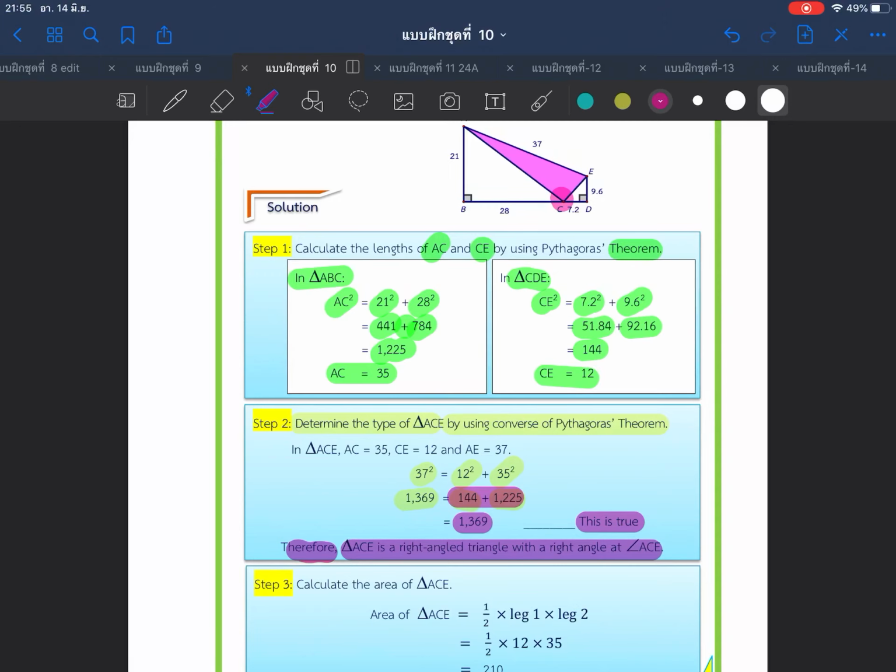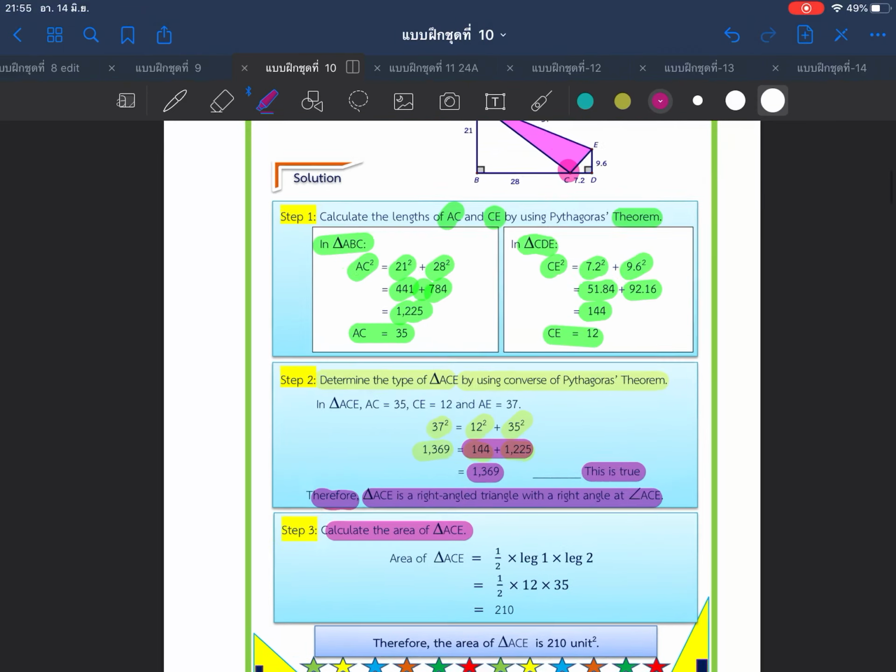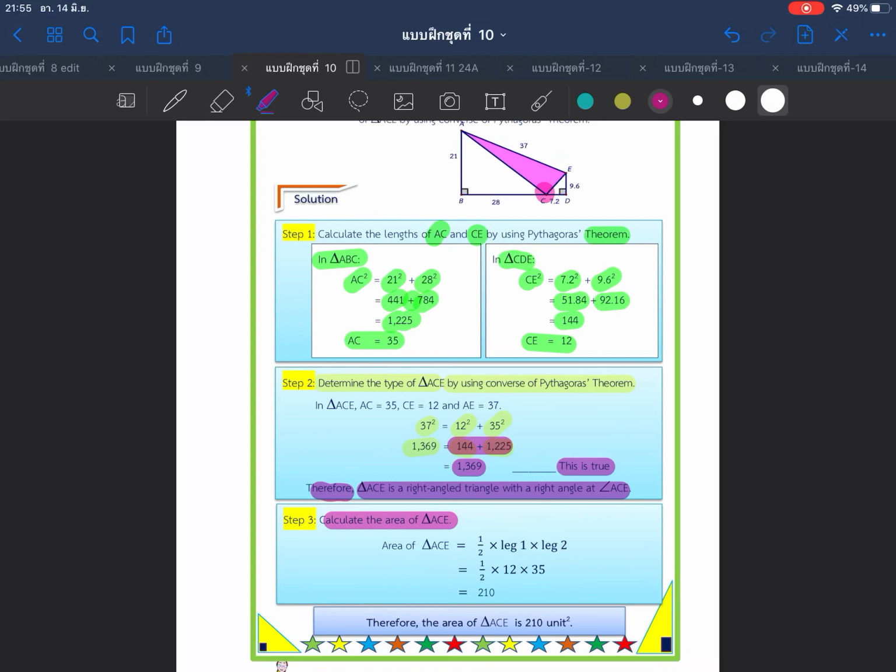Then, if it's a right angle triangle, you can calculate the area of triangle ACE by using the formula: area of triangle ACE equals a half times leg 1 times leg 2, which is a half times 12 times 35.